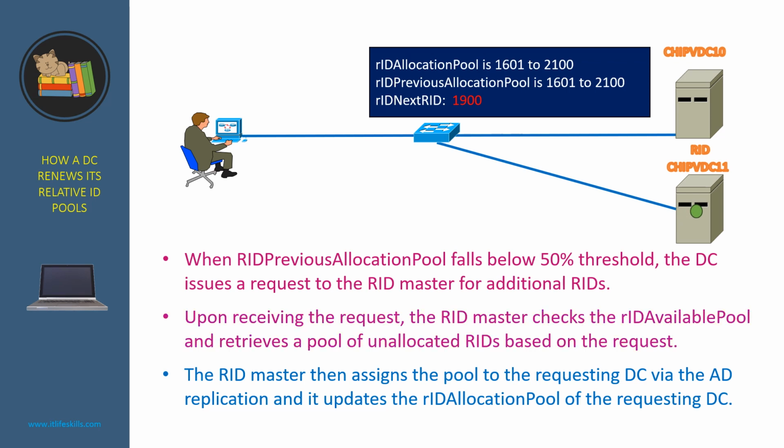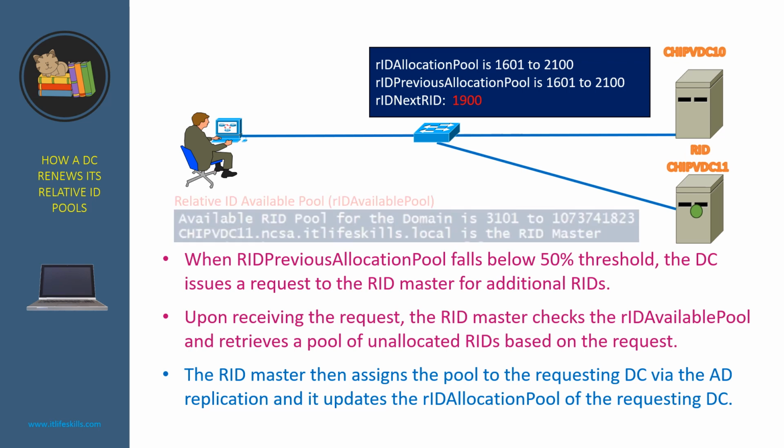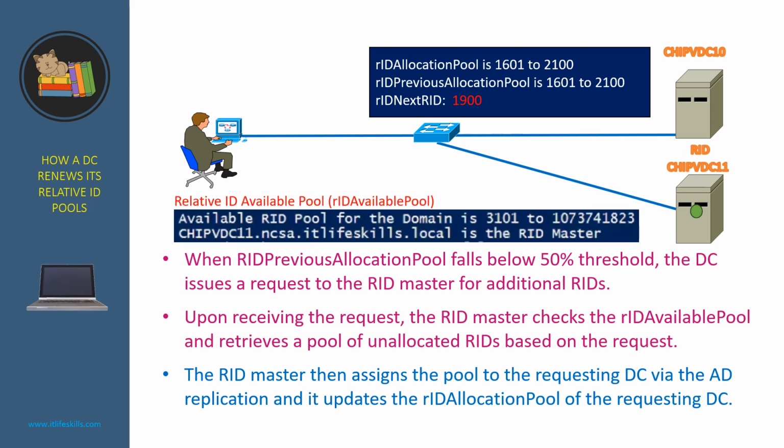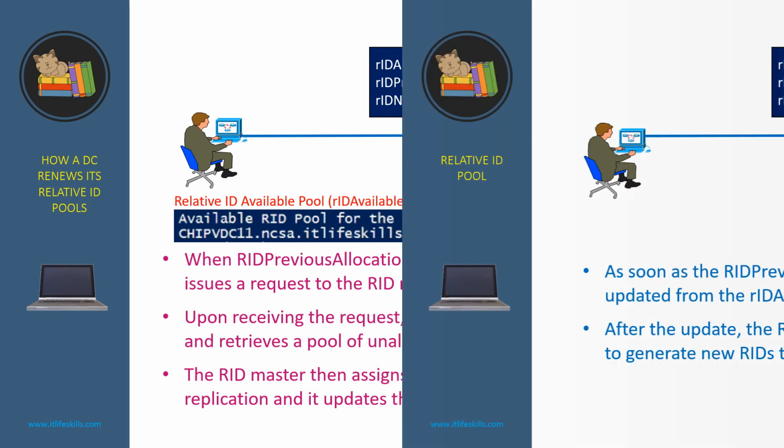Upon receiving the request, the relative ID master checks the RID available pool and reserves a pool of unallocated relative IDs based on the request. The relative ID master then assigns the pool to the requesting DC via AD replication, and it updates the RID allocation pool of the requesting DC.